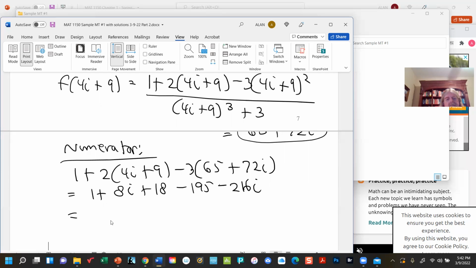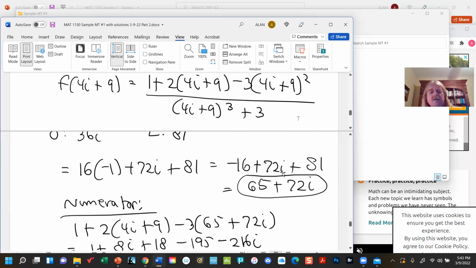All right, so the constants, when we combine these, we have 19 minus 195, negative 176, and then minus 208i.